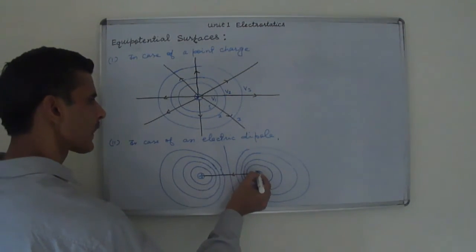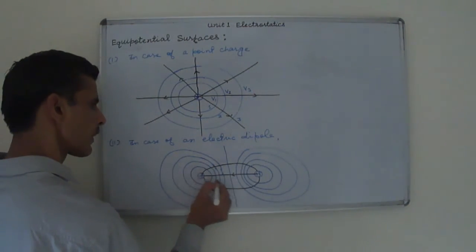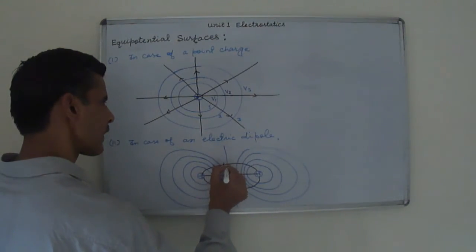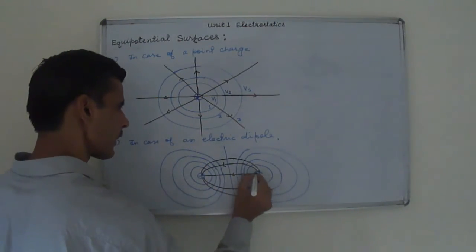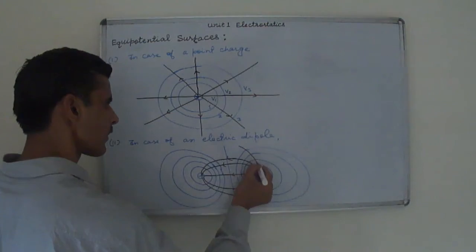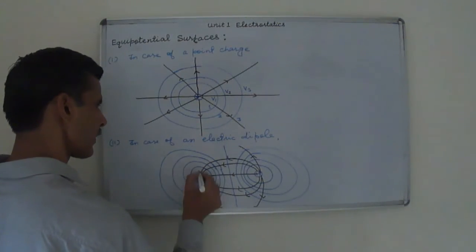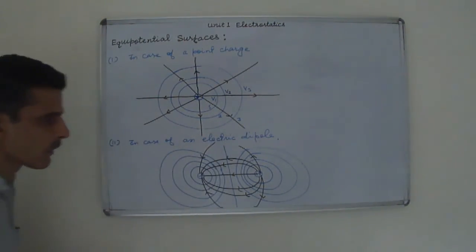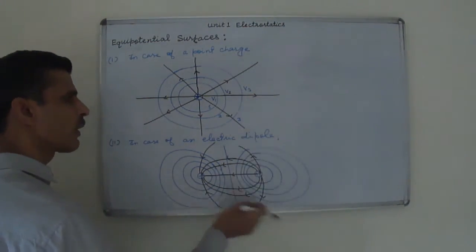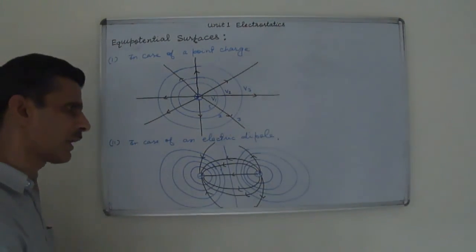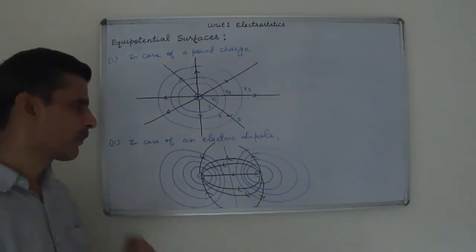Here you can draw like this. Keep in mind, you should draw equipotential surfaces in such a manner that they are always perpendicular to electric field lines, that is electric field vectors.